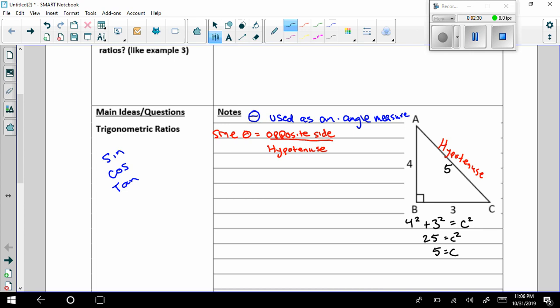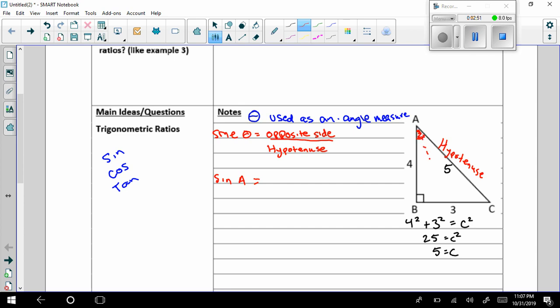Okay. But depending on what your angle of interest is, the sine of that ratio opposite over hypotenuse will change. So you'll see something like sine of A, so it is abbreviated with the first 3 letters, as all of them are. And that would make A your angle of interest.